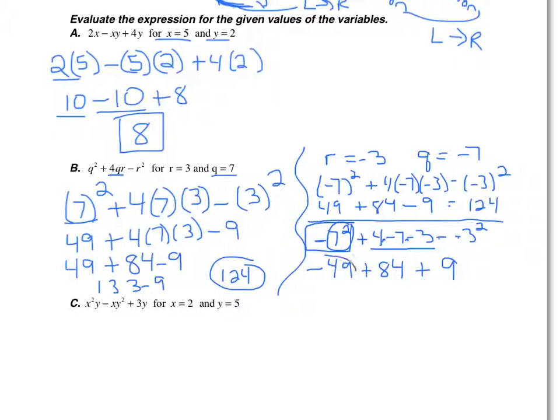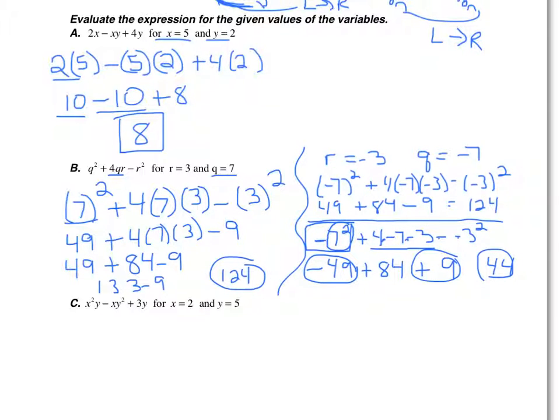So now our sign here is wrong, and our sign over here is wrong. So we would get the incorrect answer. Keep in mind that the parentheses do make a difference, and when you plug it in the calculator without parentheses, you will get a different answer. So in this case, negative 49 and 9 is negative 40 plus 84 is 44. Definitely not the same as 124.